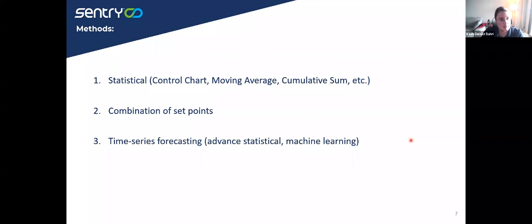The second type of event detection method is a combination of set points, which is similar to the method that we are currently using. It requires prior knowledge of the system, and it might not be able to capture complex changes or structural changes in the signal.